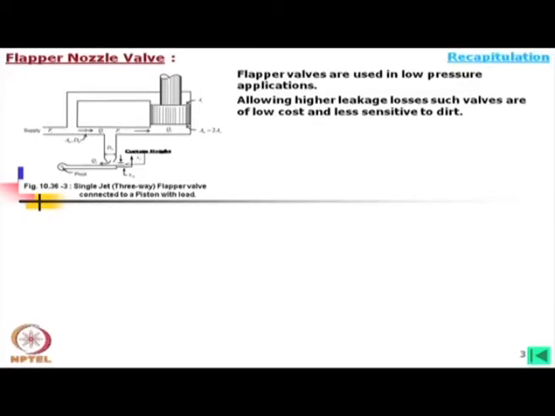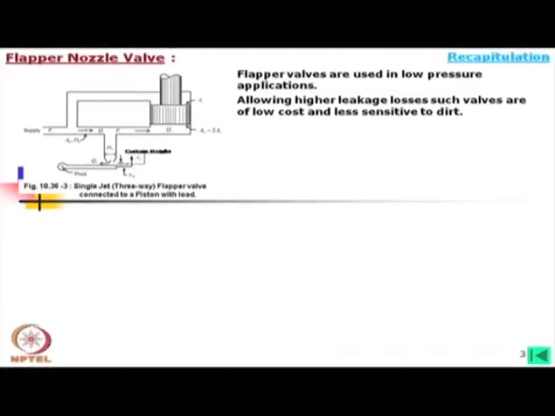On the other hand, there is also research that if we allow this dirt to go with the flow, and it can easily go through this leakage path, then instead of a spool valve, if we use this flapper nozzle valve, where this opening is relatively larger, the particle can go out directly, and it does not stop the machine, at least not the function, although there will be some disturbance.